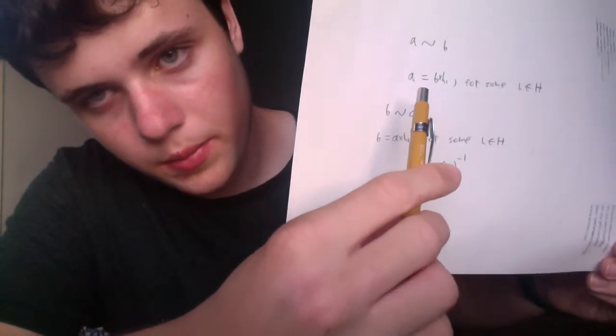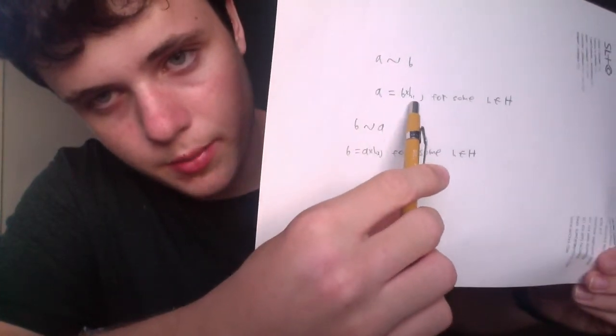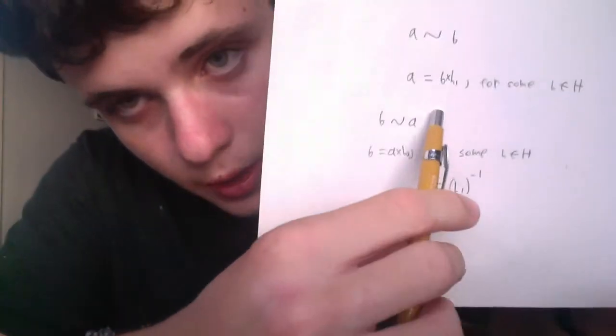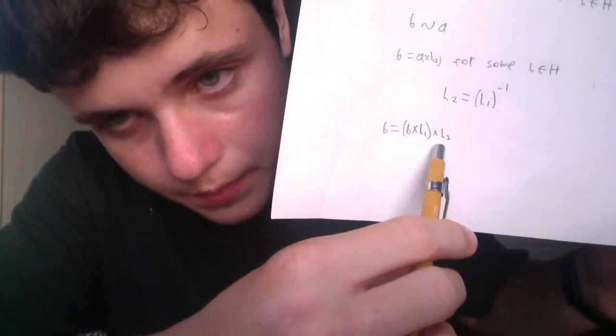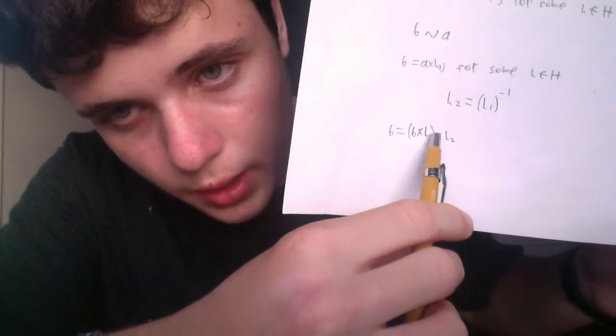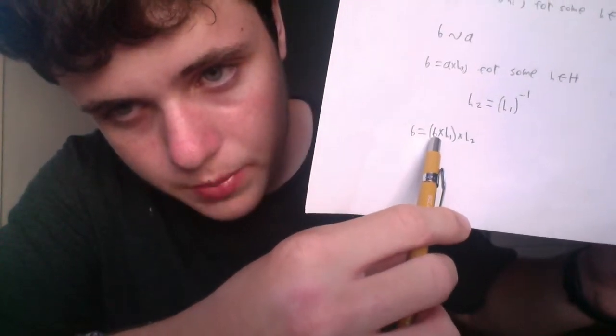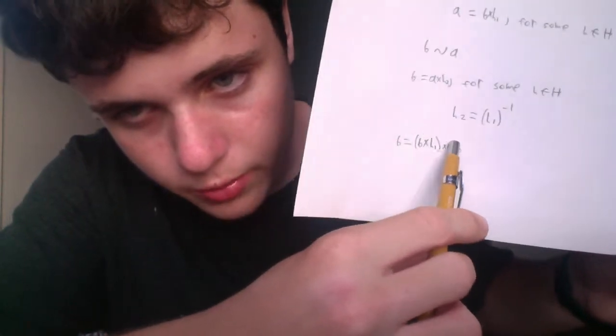Up here I said that A was equal to B times H1, so I can substitute it in here. I just substituted it in, right? Now, because of associativity, this is just B times H1 times H2, and I could do this one first.